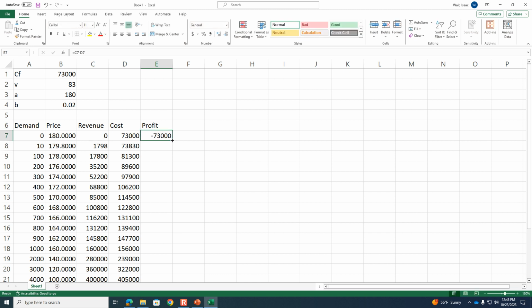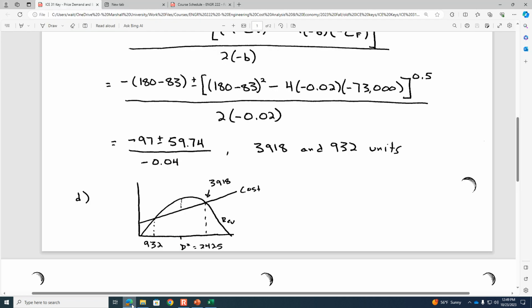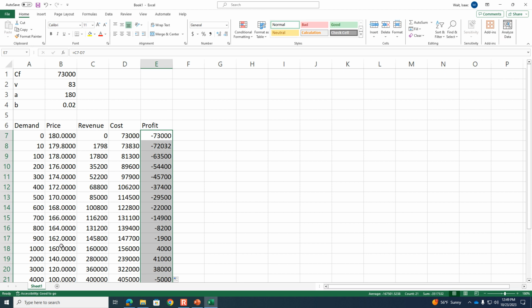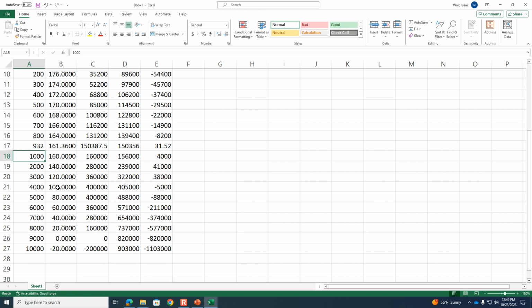So what we can test is, when I calculated on paper, the first break-even point was 932. So we go from negative at 900, now profitable at 1,000. So what about 932? We finally have some profit. But what about 931? It's negative. So 932 is our first break-even point, and then our second break-even point, according to the hand calculations, was 3918.